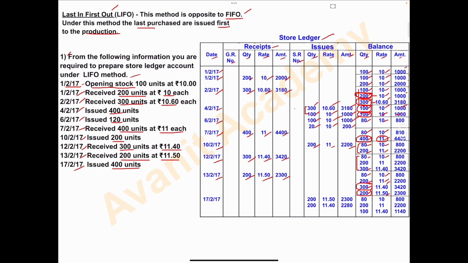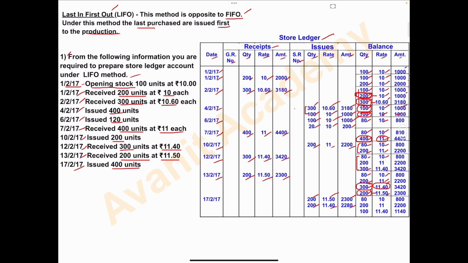So first write 200, rate per unit is 11.50 and the amount is 2300. Remaining 200 will take from this 300 unit, that is 200, rate per unit is 11.40. 200 into 11.40, amount is 2280.